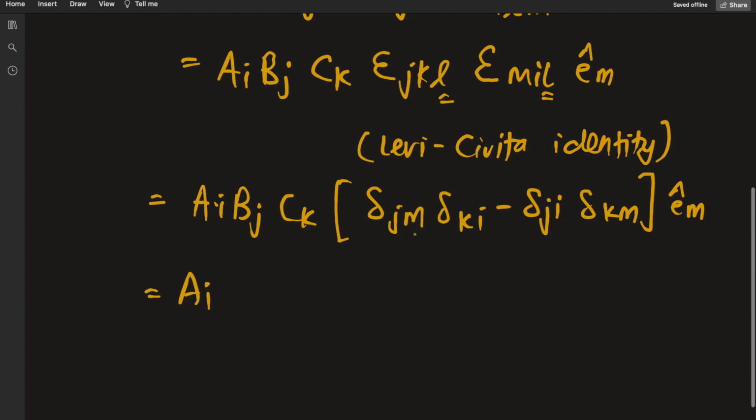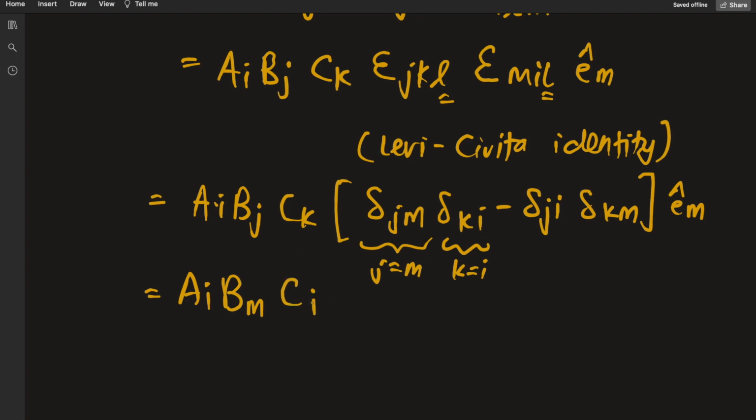You'll only get a 1 when both of them are satisfied. If only one of them is satisfied, you still get a 0 because it's a product here. So you need to satisfy this and you need to satisfy this. To satisfy j equal to m, you need to satisfy k equal to i, otherwise you get 0. So I'm changing the b sub j to a b sub m and the c sub k to a c sub i.